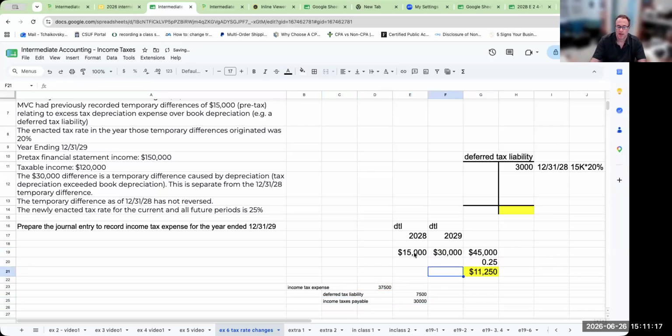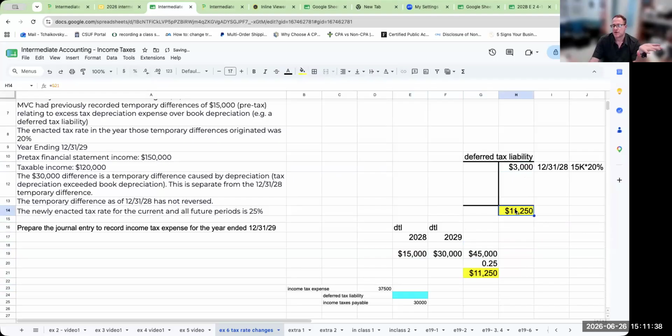But we have a problem. We have this other thing that's kind of lingering out here. So what I need to do is figure out this adjustment right over here. I need to figure out, based on what I have in there already, what should my deferred tax liability be? Well, my deferred tax liability should be 11,250.